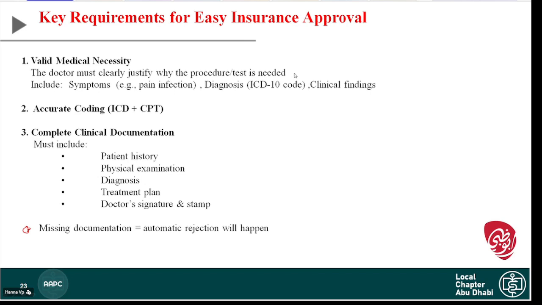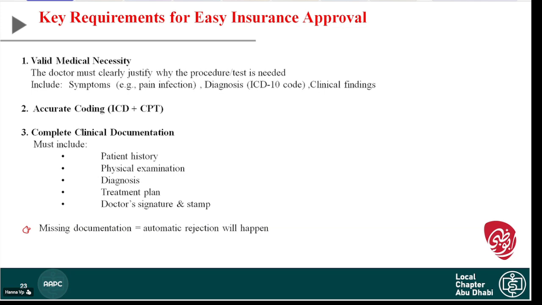That means we should mention the patient's signs, symptoms, or diagnosis. That means ICD-10-CM codes we should mention under the medical necessity. So there should be a proper diagnosis and treatment, with clinical findings.